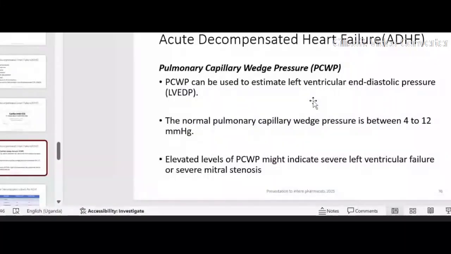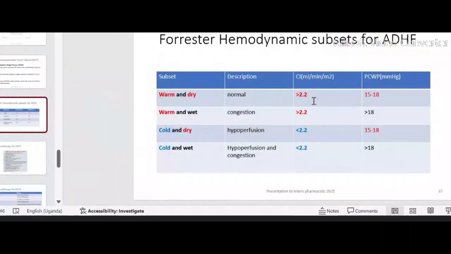However, it gets elevated in patients with severe left ventricular failure or severe mitral stenosis. Basically that means the pressures in the pulmonary capillaries are high, and the result is your patient will have congestion in the lungs.